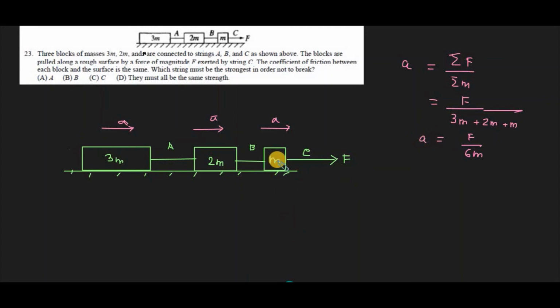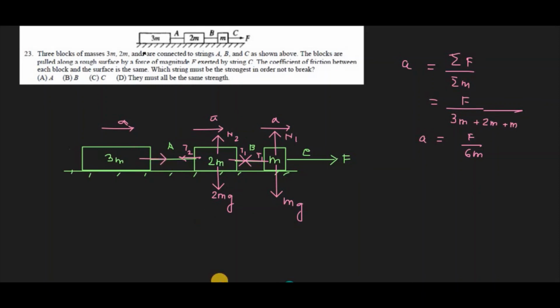Now let's draw the free body diagram for each individual block. In the case of m, the weight mg is exerted downward, the normal reaction force N1 is upward, and the tension, let's say T1, is exerted by the string between m and 2m. The same tension T1 is also exerted on the 2m block, with weight 2mg downward, normal reaction N2 upward, and tension T2.